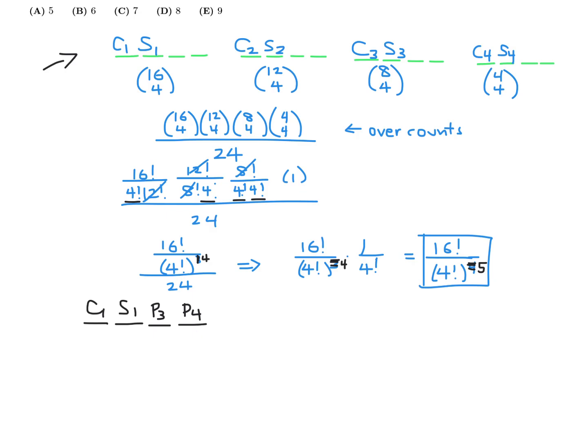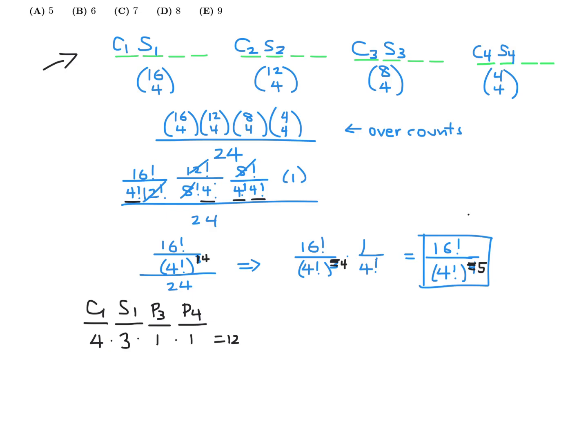Think about it. Of the 4 people, we can have 4 choices for the chairperson. And from the remaining 3, we choose a secretary. And then the next 2 are just going to be the regular members. So we have 4 times 3 times 1 times 1, which is 12 different ways of choosing one person to be a chairperson and one person to be a secretary.